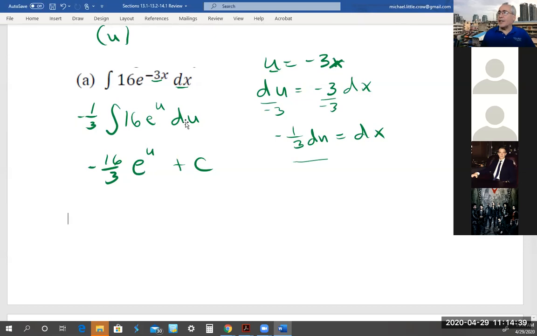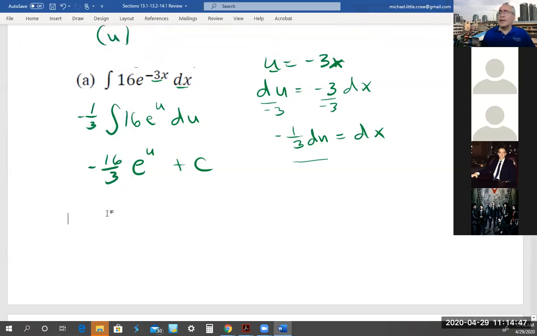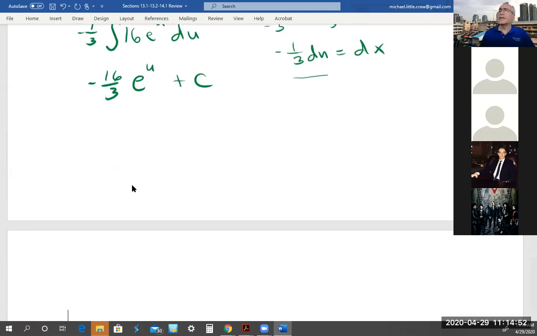So u is actually negative 3x, so I just have to rewrite this as negative 16/3 e to the minus 3x plus a constant.